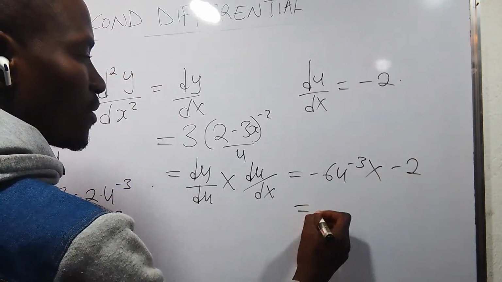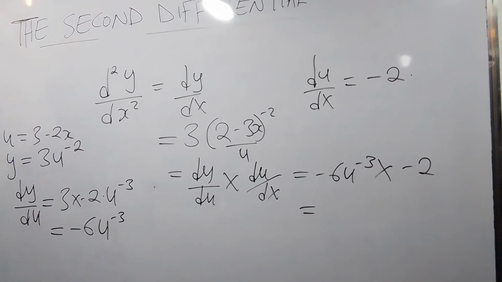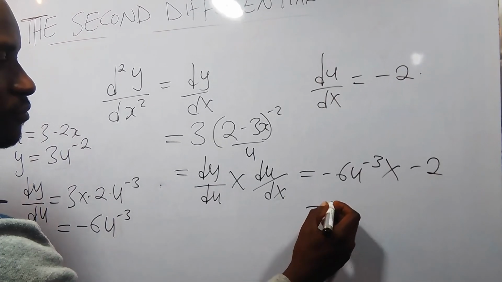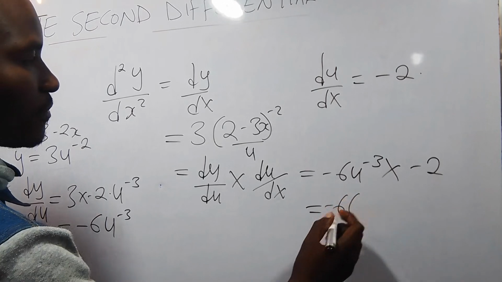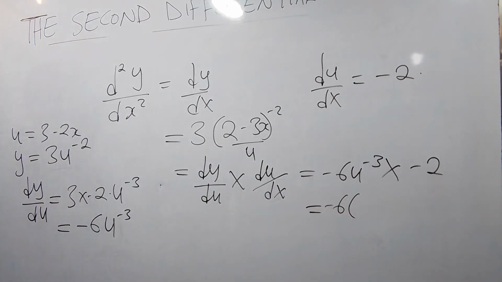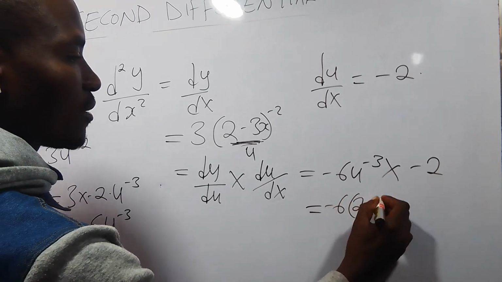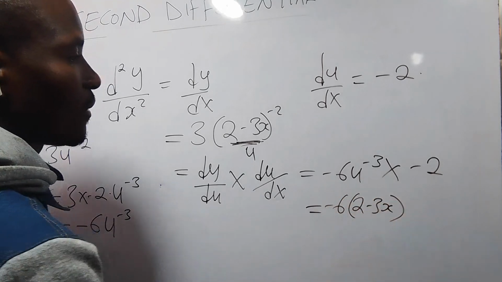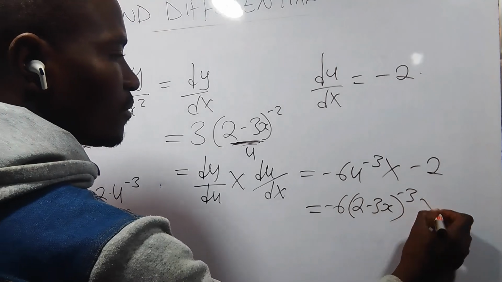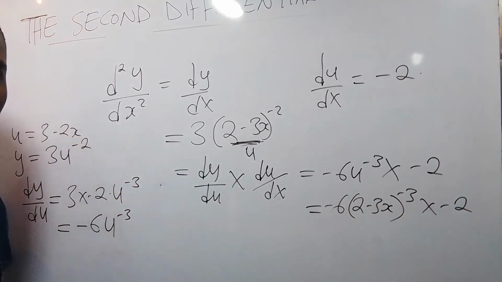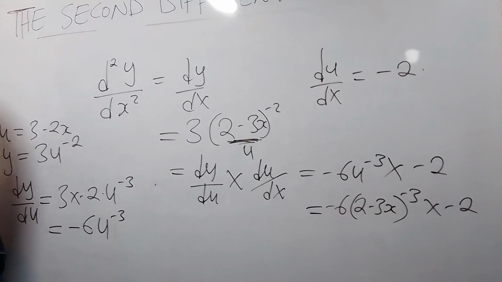So this is negative 6, open bracket, u, and we know that u is this one, so we substitute 2 minus 3x to the power negative 3, multiplied by negative 2.